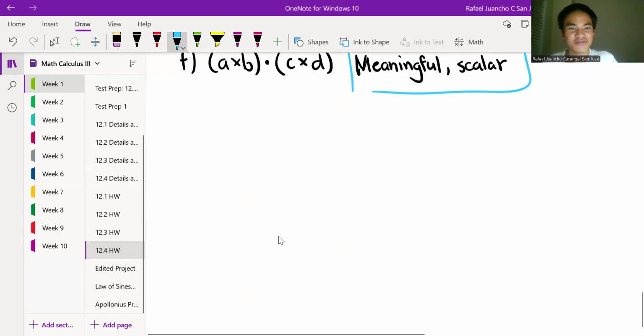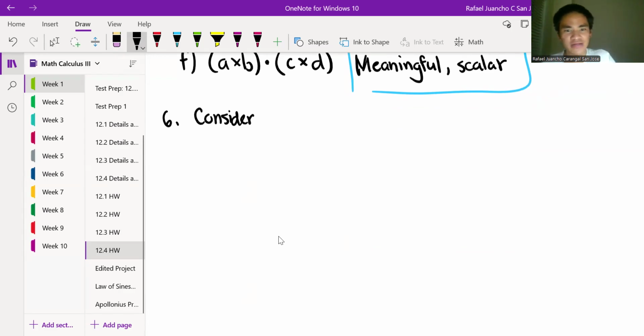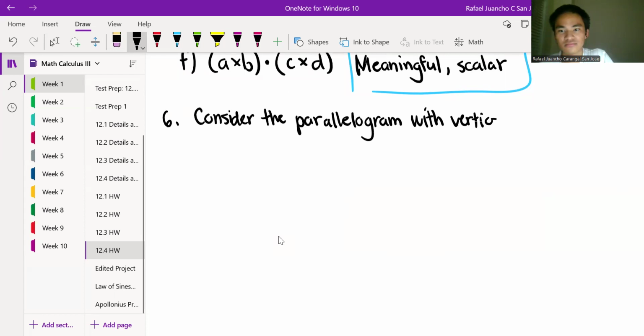I'm gonna write number 6 first before I say anything. We want to consider the parallelogram with vertices. So we have vertices.